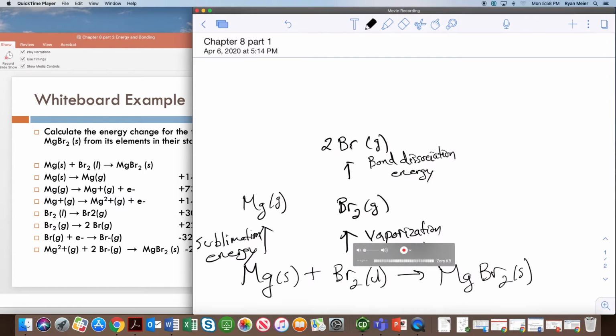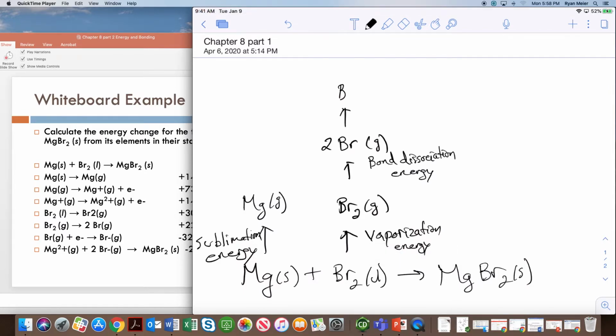For bromine, we have one more step where we get to Br minus. We're going to get 2 of them, still in the gas phase. Going from neutral Br to Br minus is our electron affinity, so we refer to that step as the electron affinity step in this process.